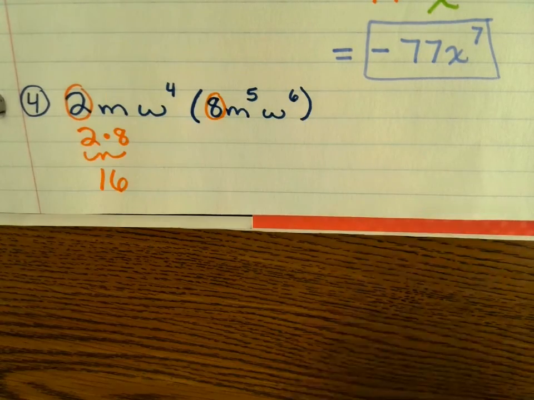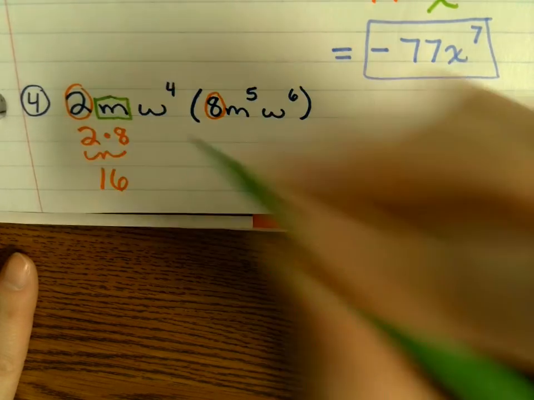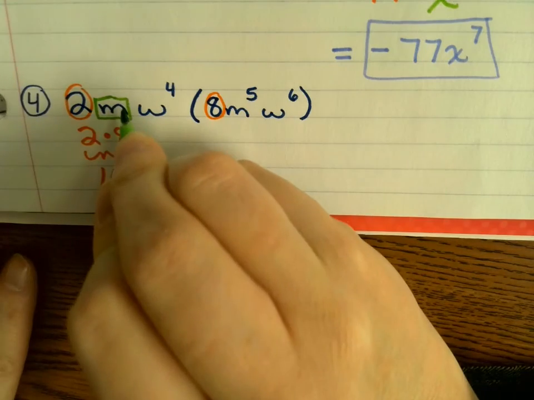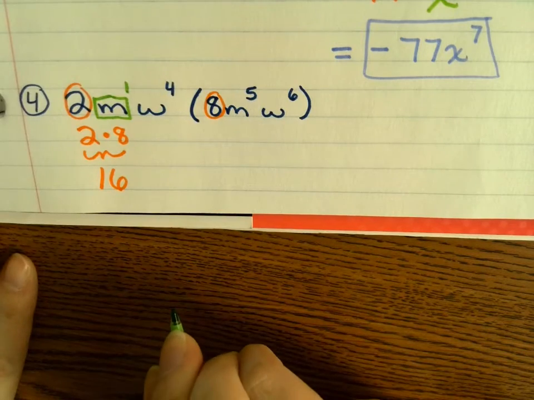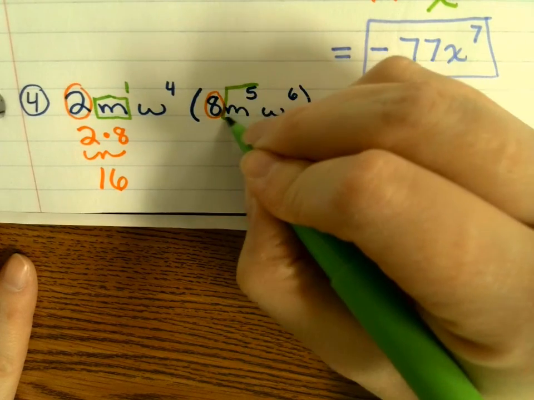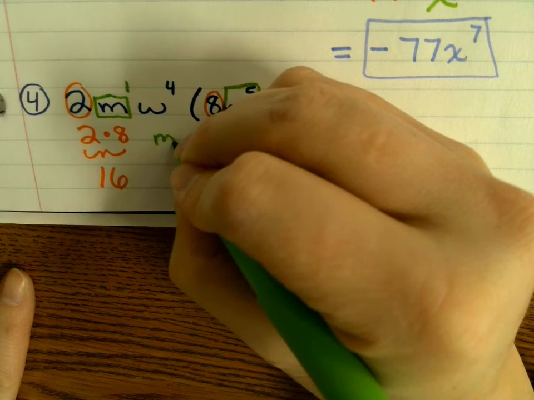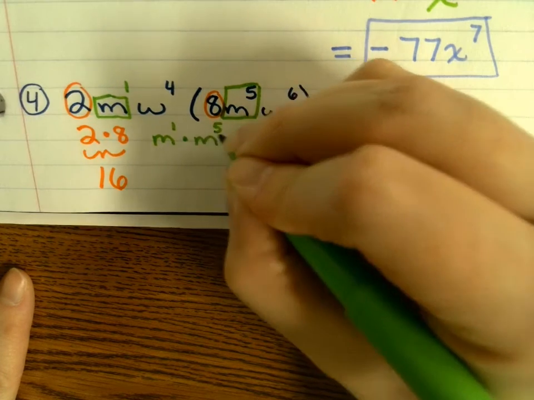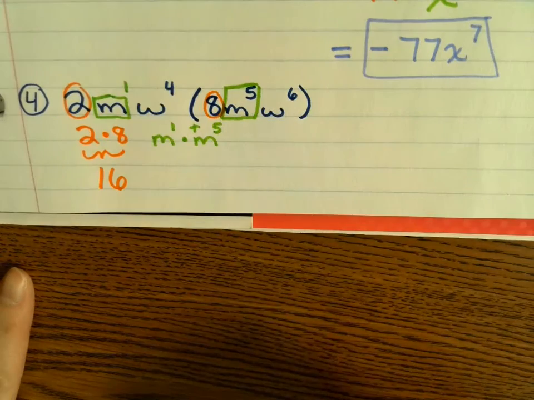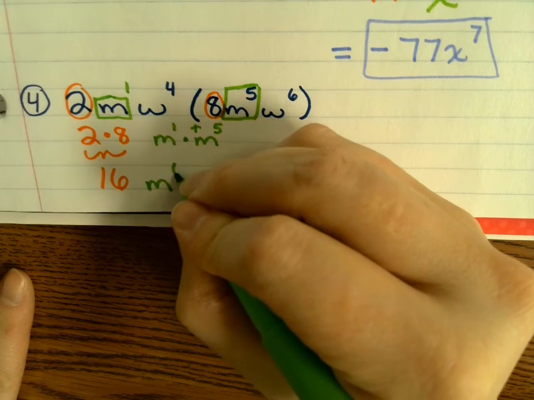M. Okay, so we're going to focus on m. So I have m to what power? The first. And then I have another m to the 5th power. So m to the first times m to the 5th, I'm just going to add those exponents together. And that's going to give me m to the 6th power.